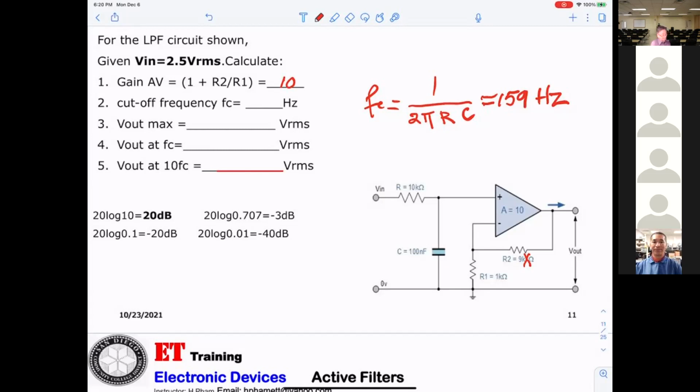Like what you're learning, for example, in DC circuitry, where they have to use KCL and KVL, input loops, to solve the equations to get the value.